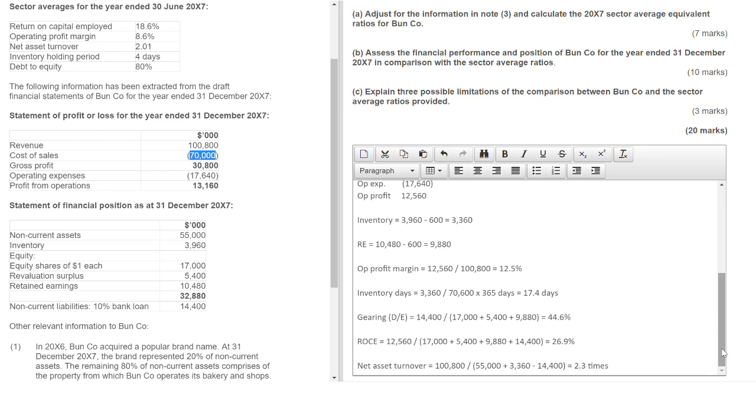So don't worry whether your adjustment is right or wrong. Abandon those 2 marks. Come up with a number, process it, and use your numbers. There will be credit given for your own figure marks. And you could effectively then get 5 out of the 7 for calculating the ratios based on your numbers correctly. However, to make sure you get those marks, you need to show your workings. You need to show how you have calculated those ratios.